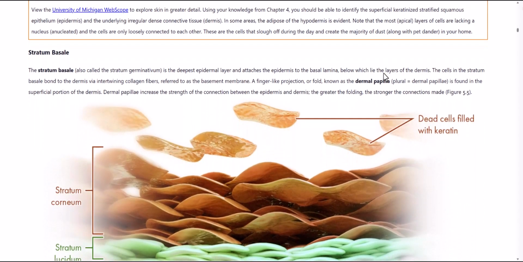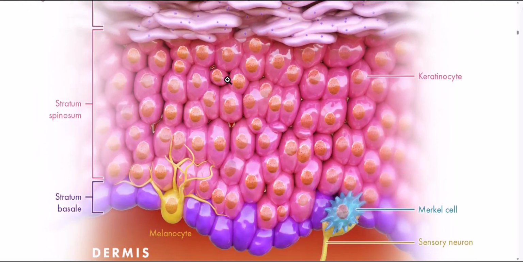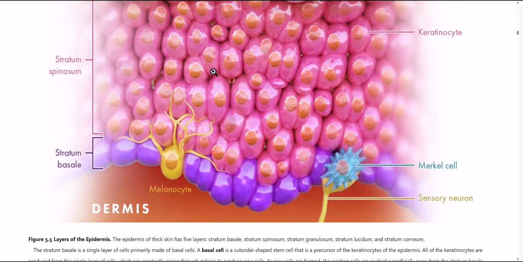So let's start at the bottom, and that is with the stratum basale. These are the bottom layer. These are the cells sitting on top of the basement membrane. They're sitting above or superior to the underlying dermis. And let me just jump down and show you this in this rather large image. So here, I'm tracing along, here's the basement membrane. It's not indicated in this picture.